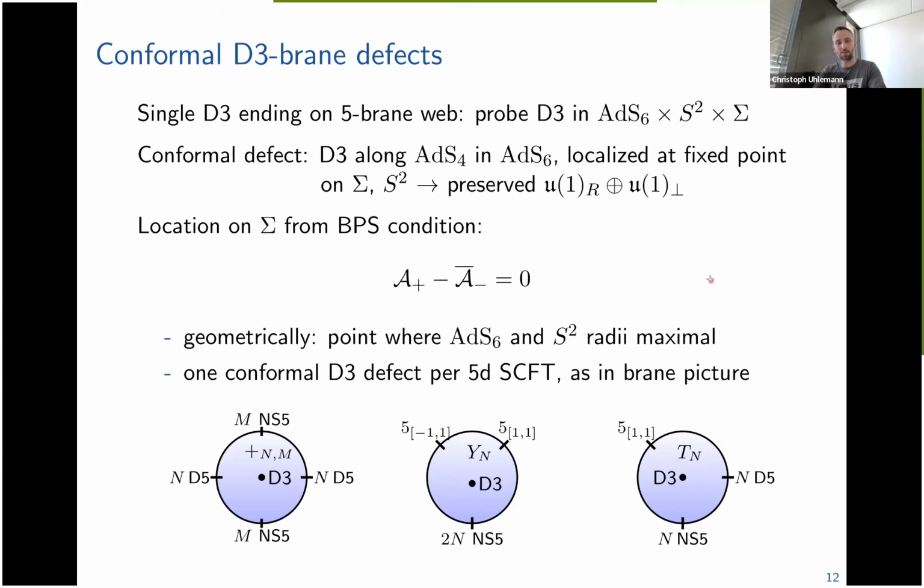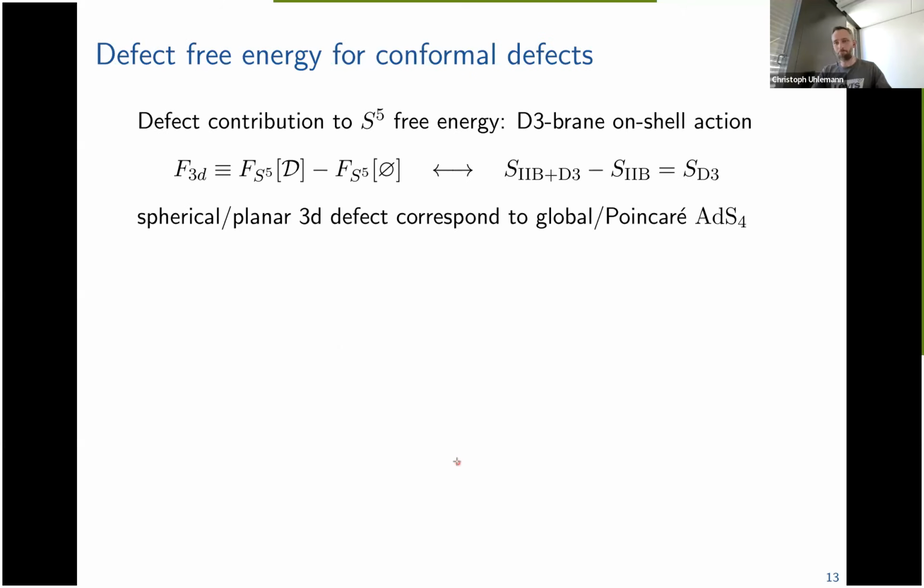So these are the conformal embeddings. These are only pictures, of course, but there are concrete expressions for it. And so we can go ahead and calculate stuff as promised. What we're interested in is the defect contribution to the S5 free energy. So what we want to compare is the free energy for the 5D theory on S5, including a defect, and the free energy for the 5D theory without defect.